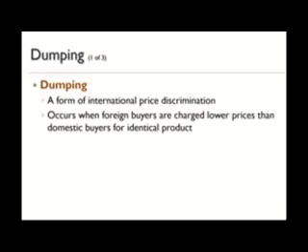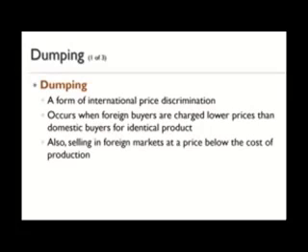The first example is sporadic dumping, happening when a producer ends a production cycle with more end product than anticipated, and the costs of storage are so prohibitive that disposal of the product on the international market at below cost rates is preferred.